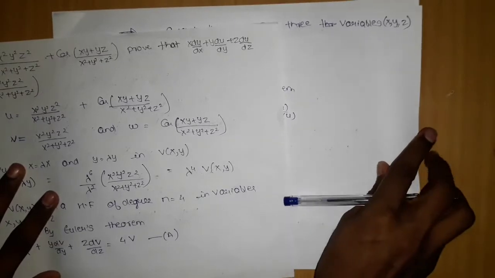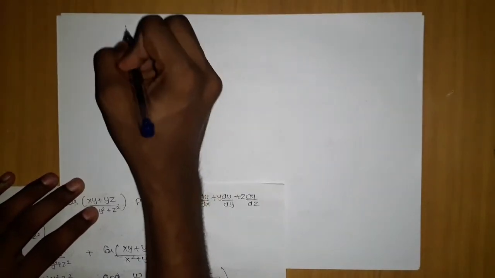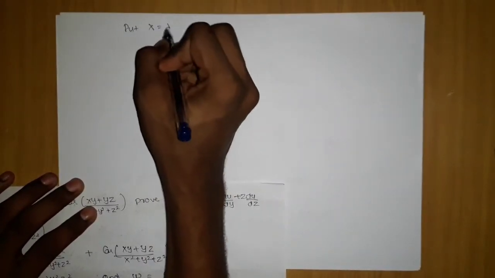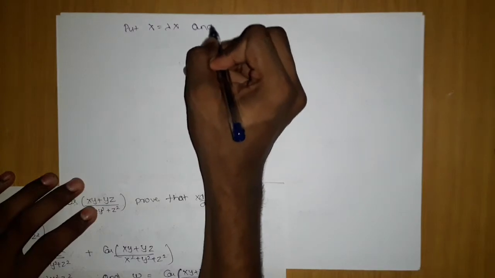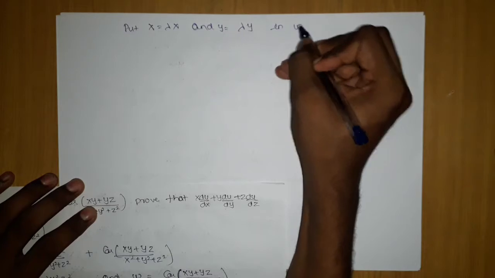Now let me remove this page. What we are going to do is put x equals lambda x and y equals lambda y in w of x comma y.